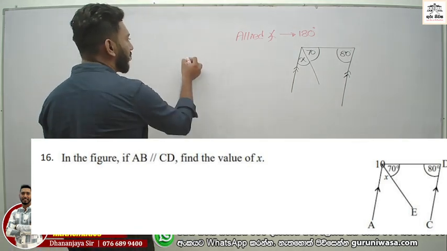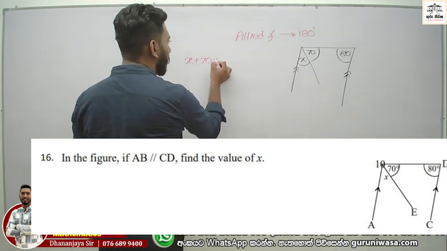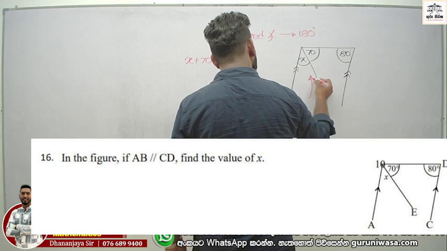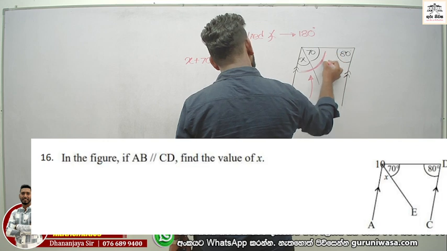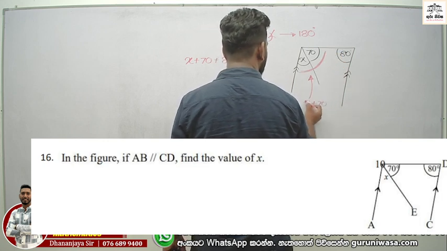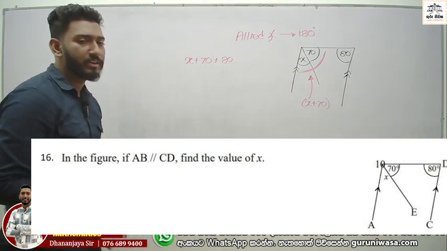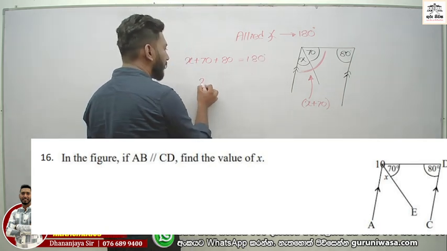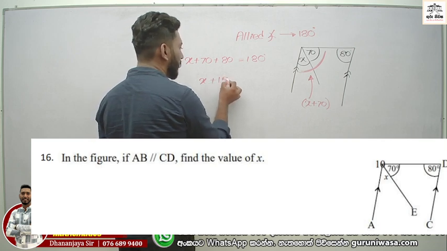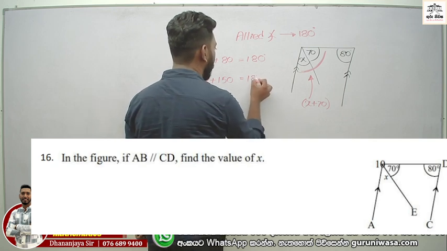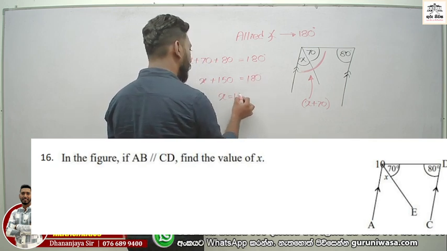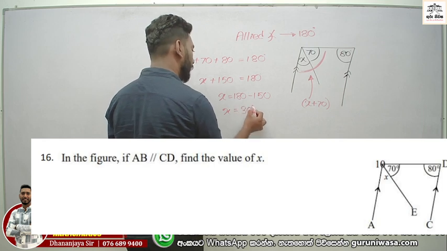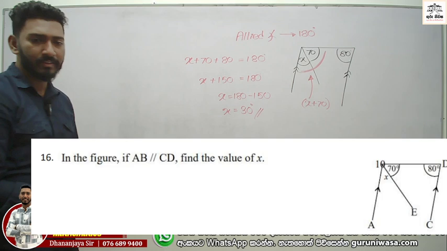Then you can write the equation: x plus 70 plus 80, this whole angle is x plus 70. You can add 80 to it and write it equal to 180. Now x plus 150 equals 180, so x is 180 minus 150. x becomes 30 degrees.